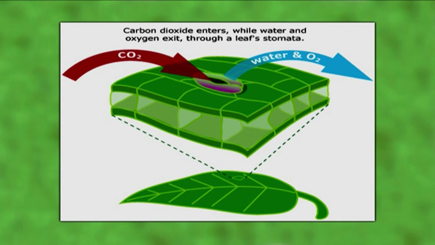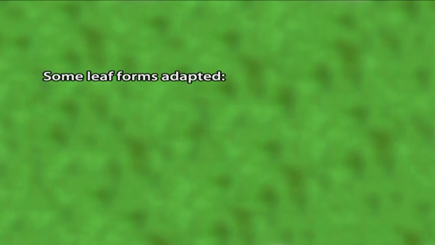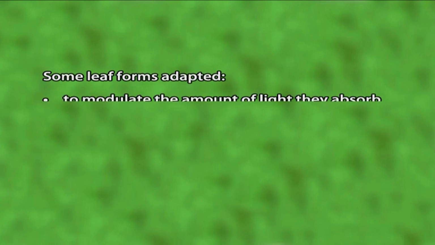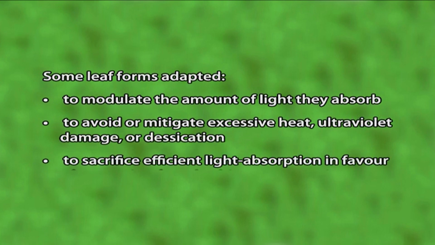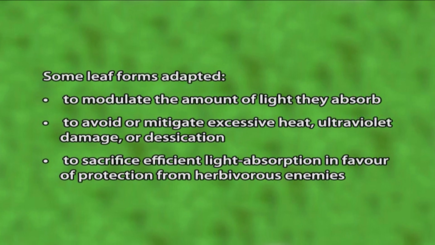In contrast, however, some leaf forms are adapted to modulate the amount of light they absorb to avoid or to mitigate excess heat, ultraviolet damage, or desiccation, or to sacrifice efficient light absorption in favor of protection from herbivores' enemies. Among these forms, the leaves of many xerophytes are conspicuous.